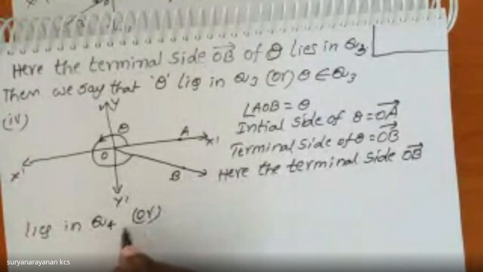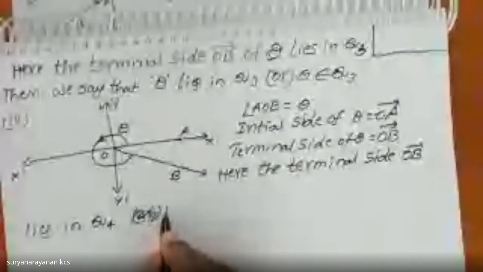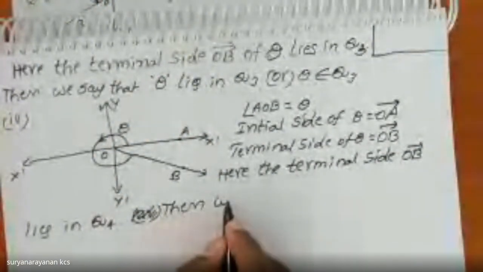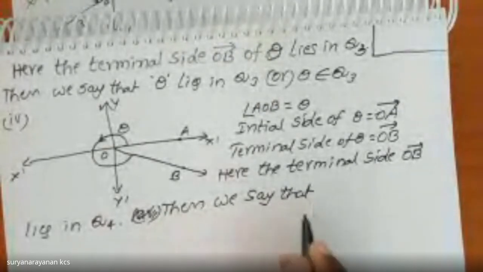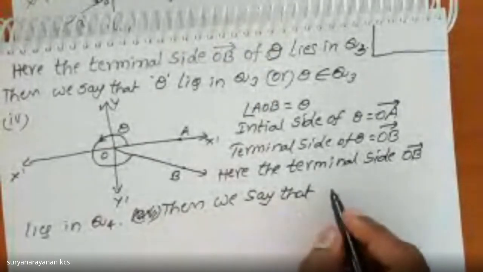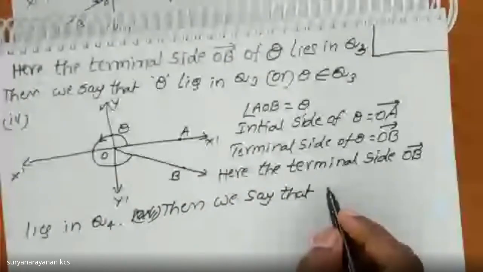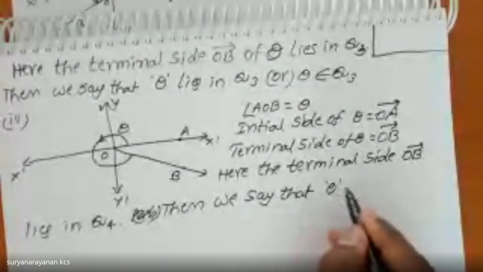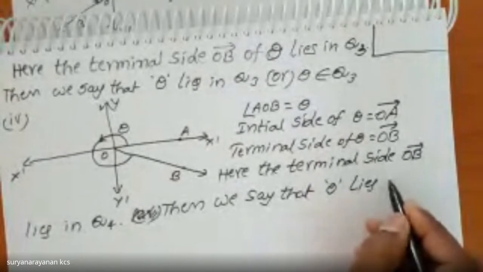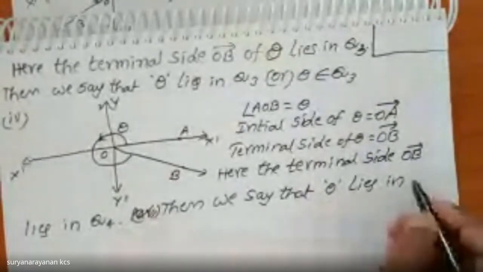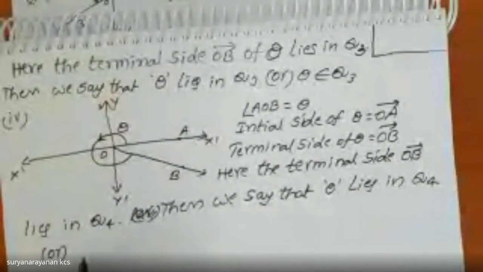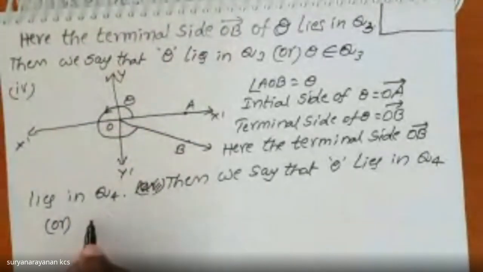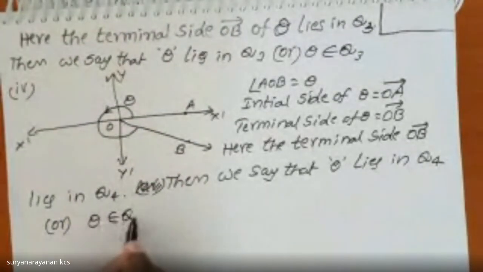Therefore, we say that angle theta lies in Q4, or simply we can use the symbol theta belongs to Q4.